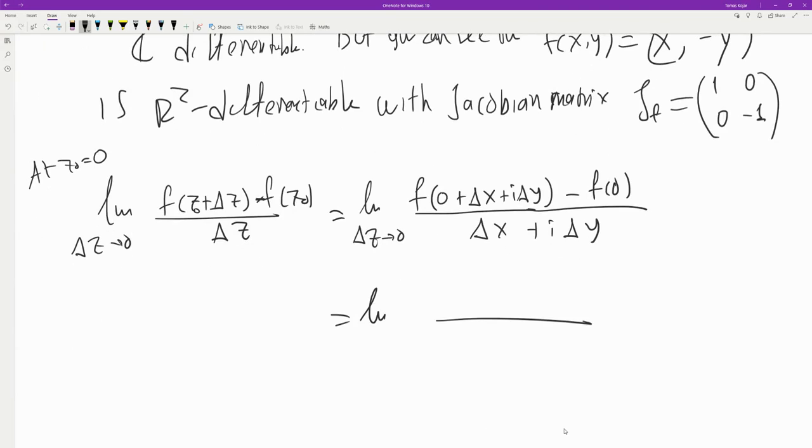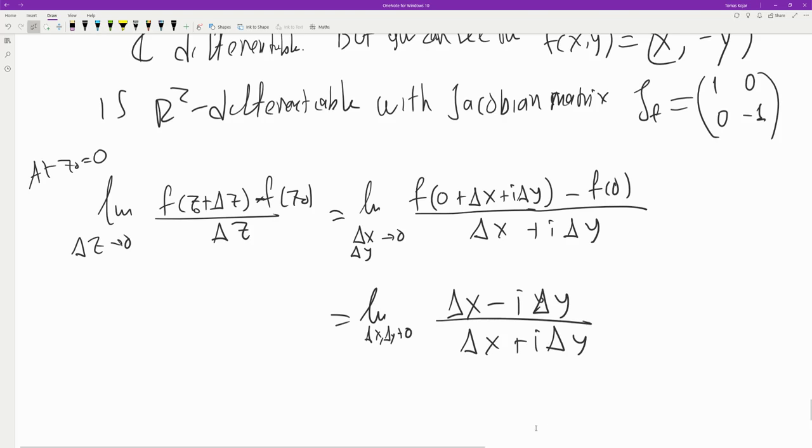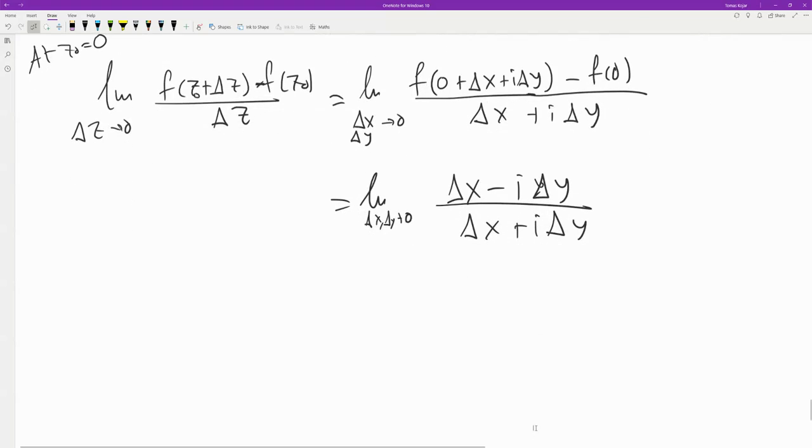And then, yeah, so both of them go to 0. And now do complex conjugation.